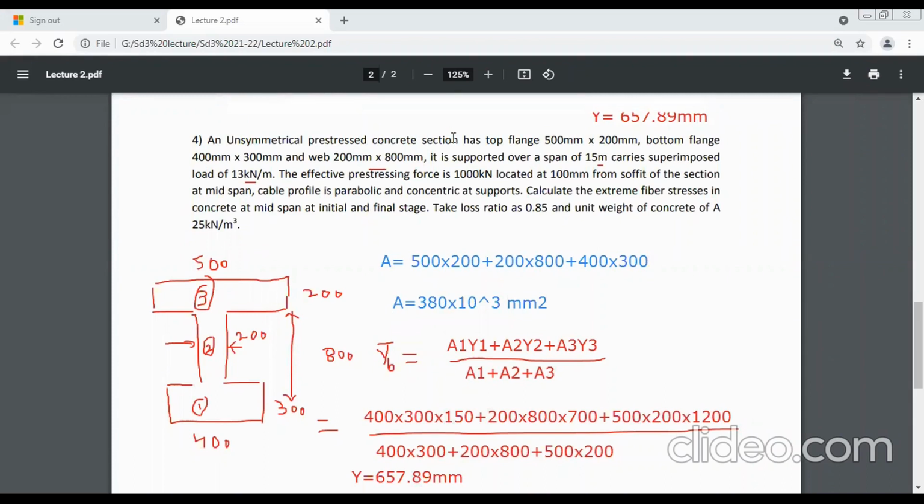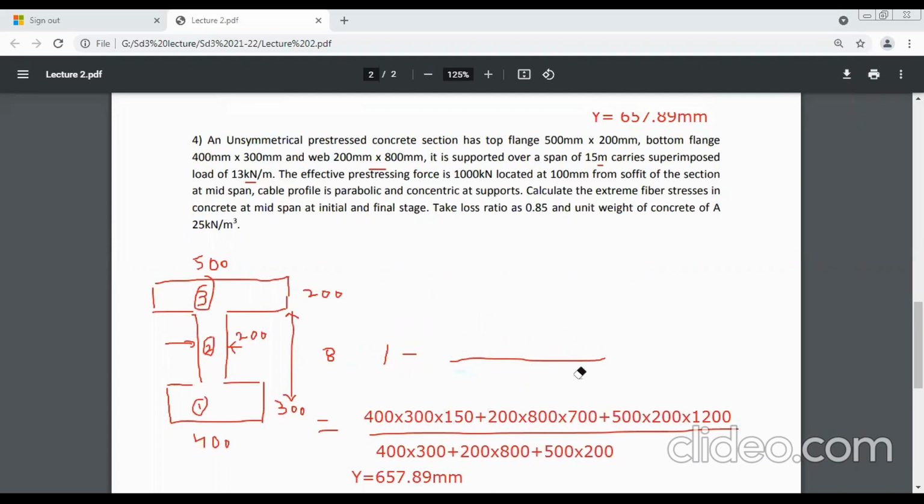Okay. So next, find out the CG of beam. Sorry, moment of inertia of beam. Okay. So I is equal to Ixx1 plus Ixx2 plus Ixx3.